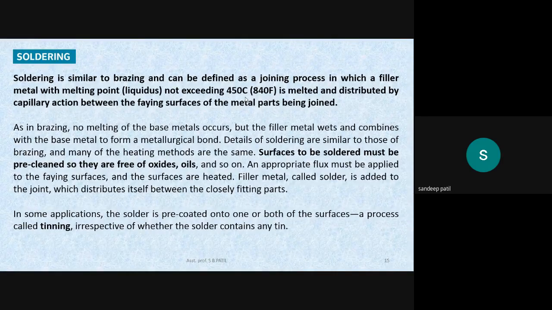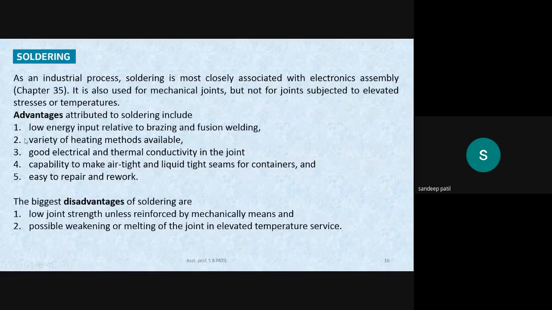So if we are using a filler metal whose melting point is more than 450, then that process is called brazing, and for below 450, that process is called soldering. This is one of the differences. And another important difference is the low energy input relative to brazing and fusion welding, which is one of the advantages of the soldering process.